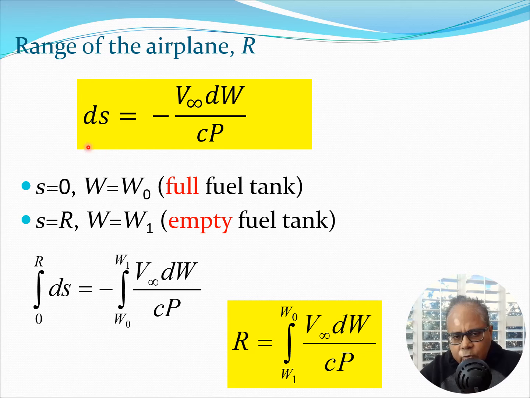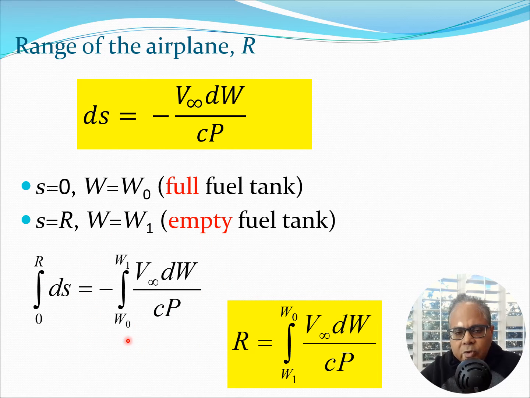So let's look at range. This is the equation for ds, and so ds was like this. Again at the start of the journey s is 0, w is w0, that is full tank of fuel. At the end of the journey s is R, w is w1, that is the empty fuel tank, and therefore I can integrate ds from 0 to R, and that's going to give me this integral here.